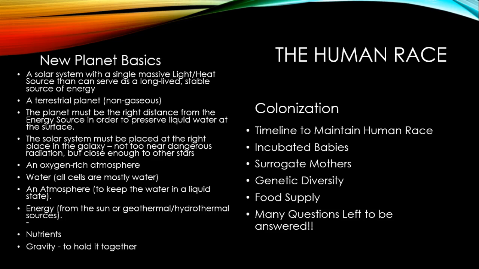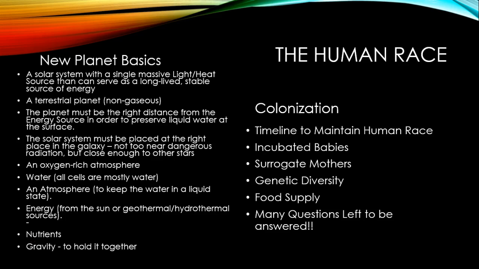All right, and also they have to monitor the food supply. As the population grows, are you going to be able to produce the food that this population needs? And how are you going to produce it? What else was brought on this ship?